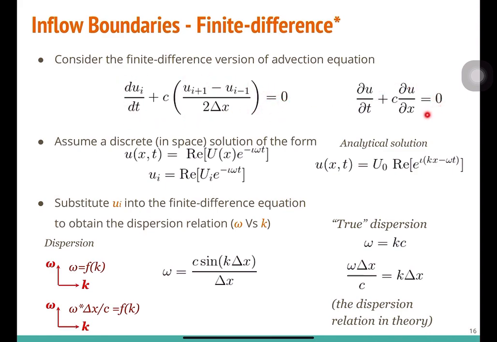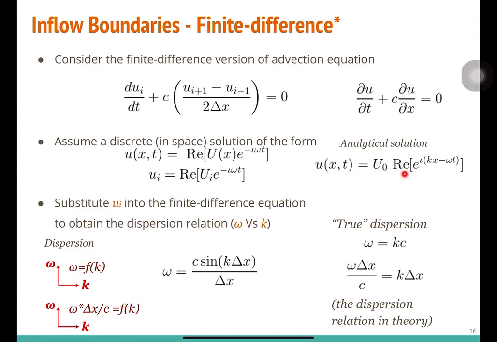This is the continuous, analytical, original advection equation, and then we assume the discrete form only in space. Okay, t is still here. We change this analytical solution into the discrete version.